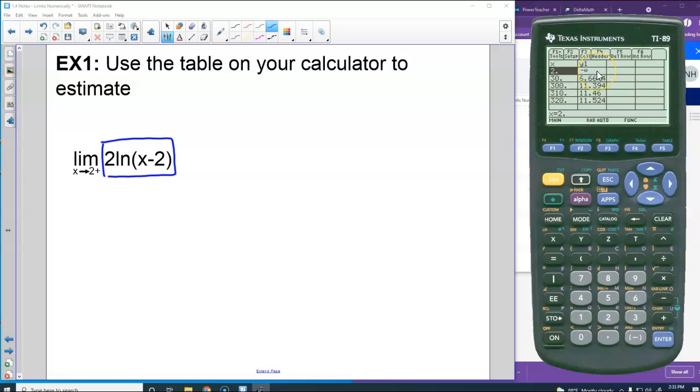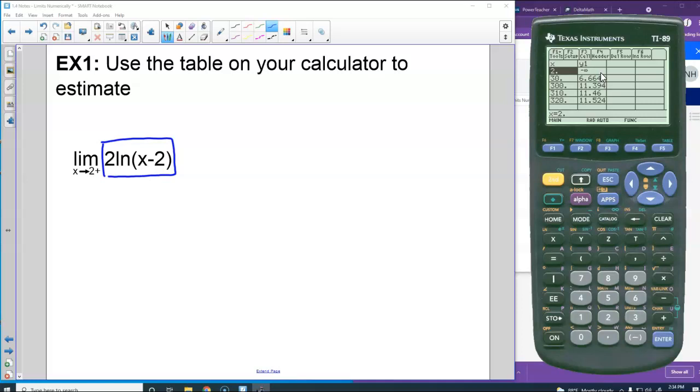But if I type in 2. Okay, so if you type in 2, everybody else is getting undefined. Mine, for some reason, is giving me negative infinity, which may end up being the answer here. But it usually says undefined. So since you're getting undefined, that's telling you got something going on at that point. Maybe an asymptote, it might be a hole in the graph. You got something going on where it's not defined at that point.